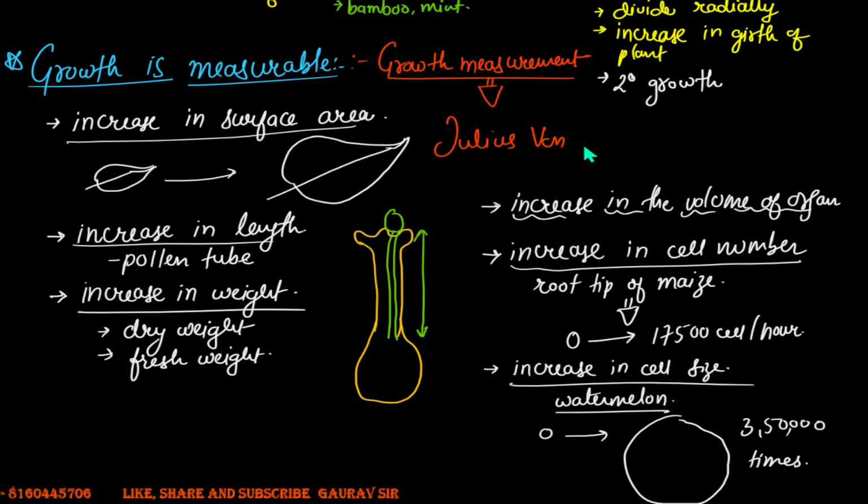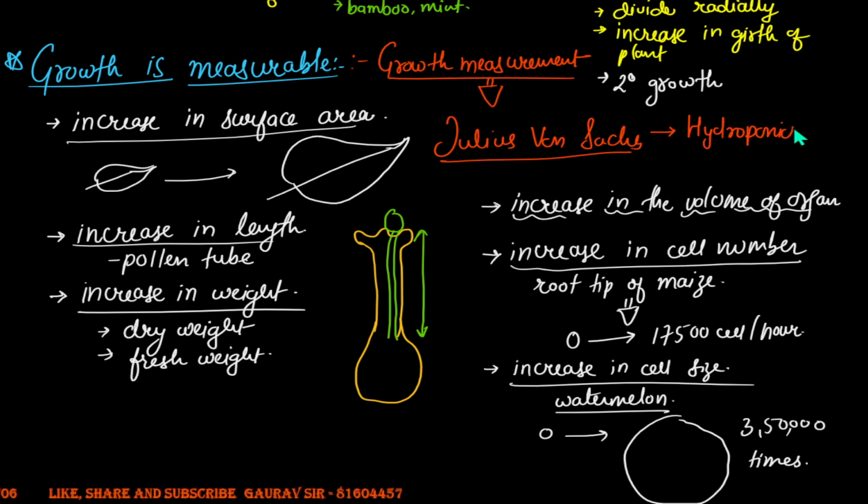He is also credited with the development of the technique called hydroponics, in which we grow the plants in water, providing them with all the essential nutrients that they would derive from the soil. We'll restrict our discussion in this video to Julius von Sachs, and we'll continue in the next video, where we'll be discussing the phases of growth in the plant.